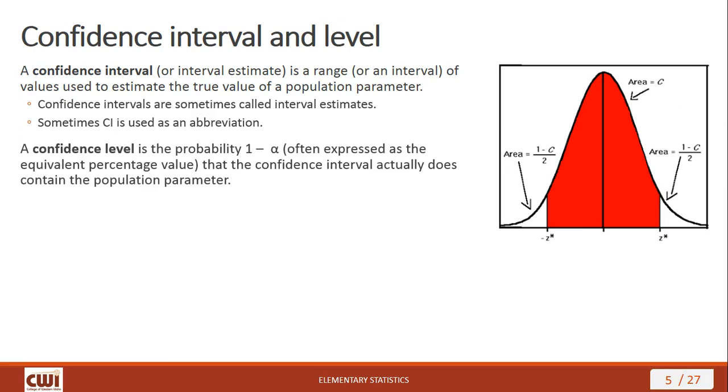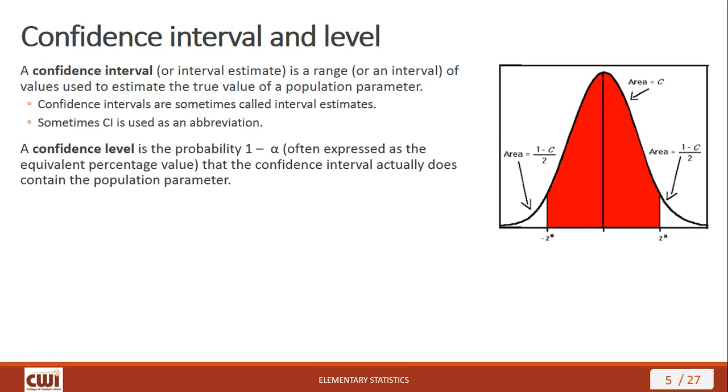A confidence level, as opposed to a confidence interval, is the probability, 1 minus alpha, that the confidence interval actually does contain the population parameter. So we construct an interval to estimate our population parameter, and then we associate with that interval a certain level of confidence. For example, we could say we're 95% confident that the true population parameter is located within this confidence interval.